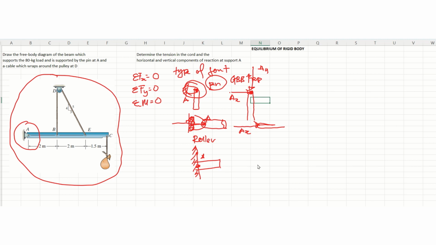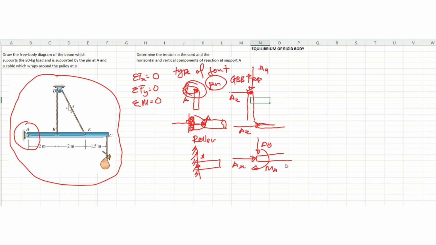Then for the beam mounted to the wall, it will be Ax, Ay and one moment MA.